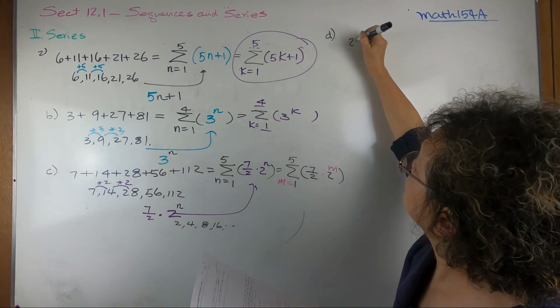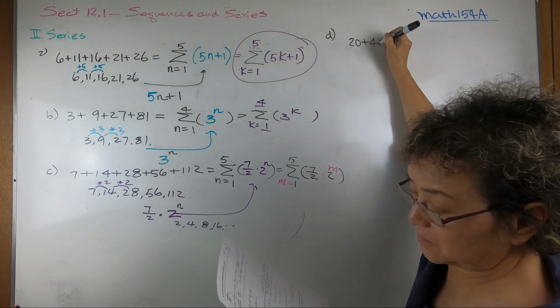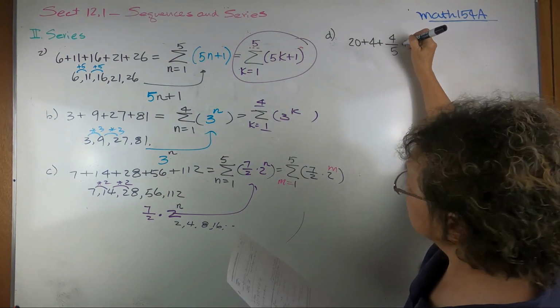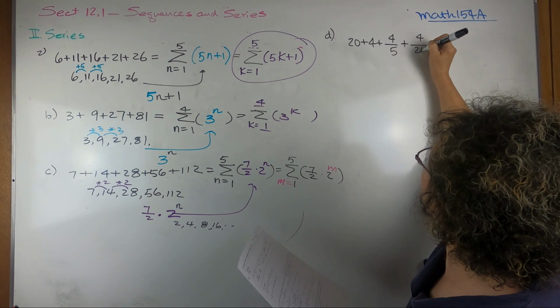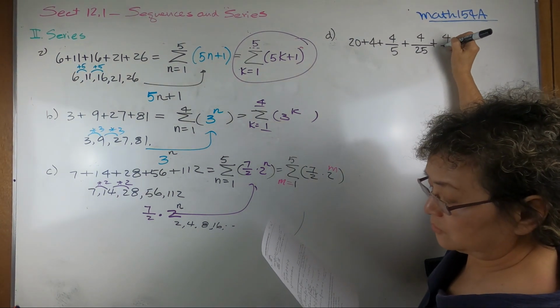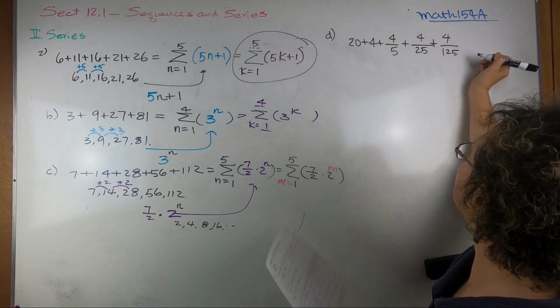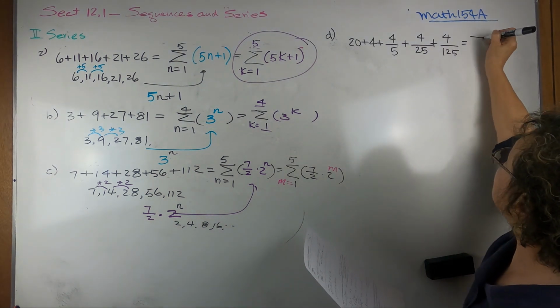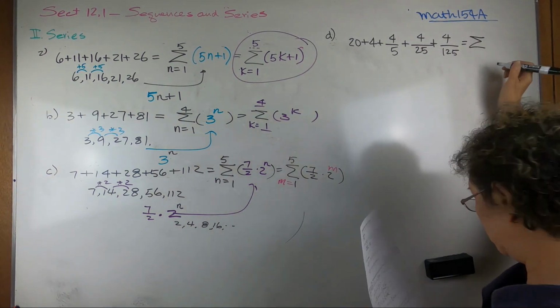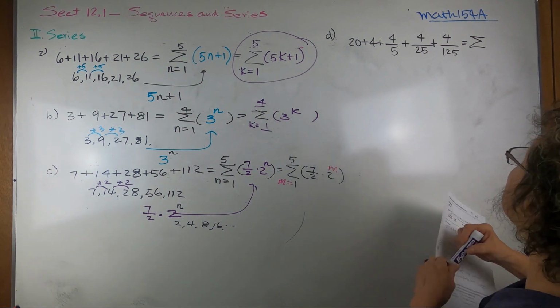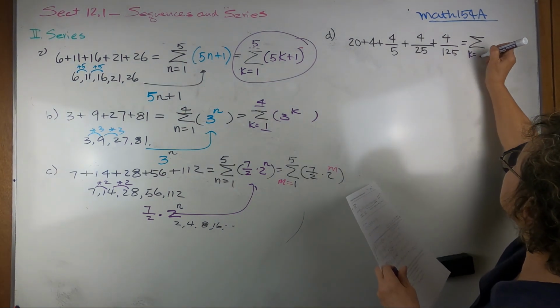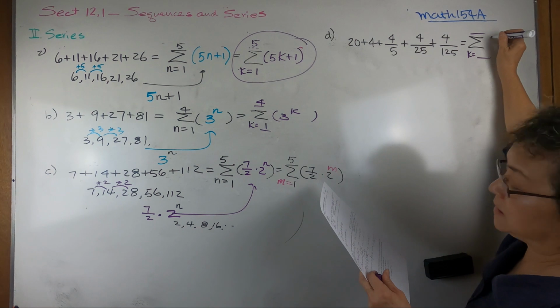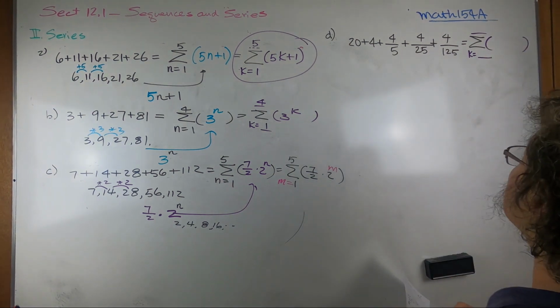Look, next one. 20 plus 4 plus 4 fifths plus 4 twenty-fifths plus 4 over 125. Then we ask you to write a sigma with k equals some number to some number and write your pattern here.